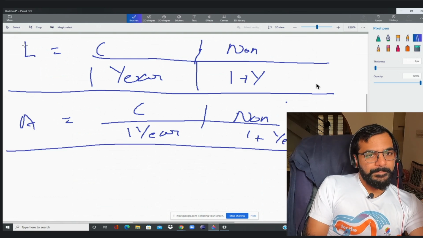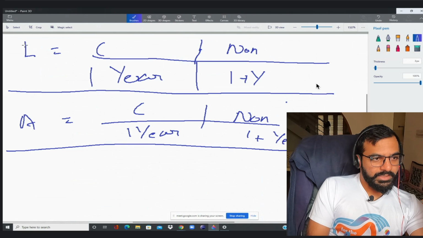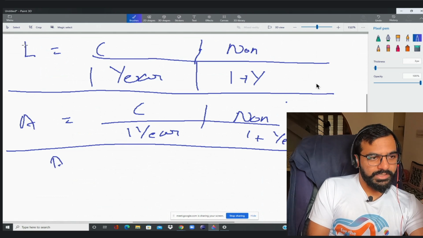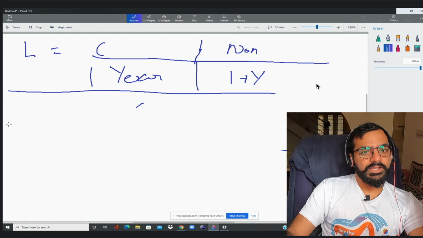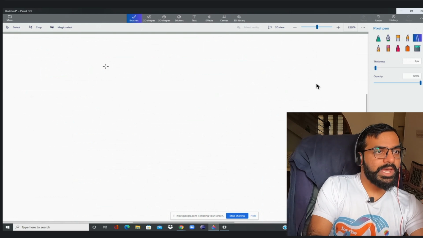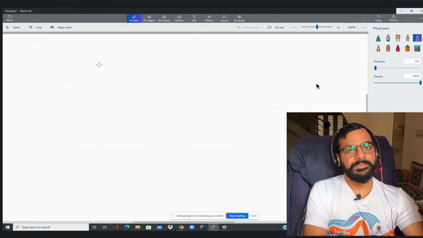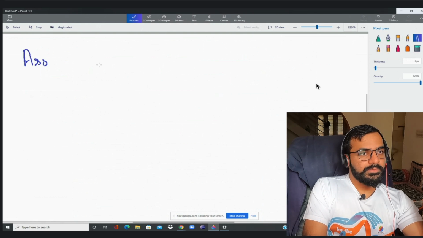Now here we have many things to understand. In assets also, we have current and non-current assets. Non-current assets, in very easy terms, are assets which we cannot convert into cash within a year.